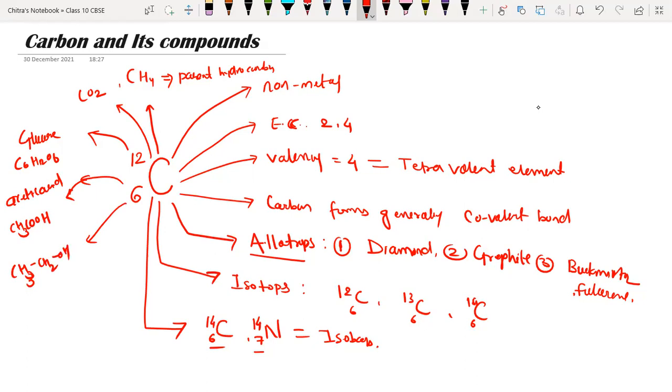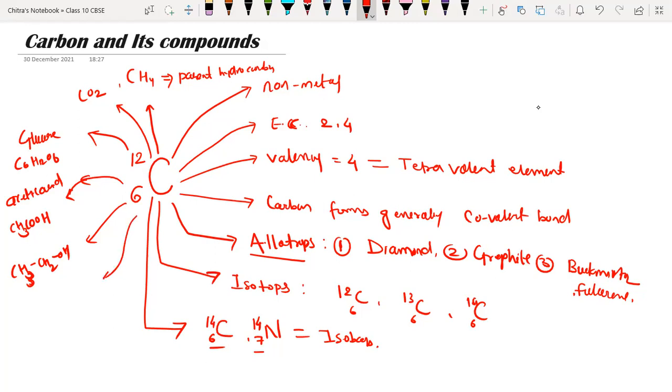When methanol is added to ethanol, it is denatured, and that solution is called spirit, which is used for the preparation of sanitizing agents like sanitizer. It is also used for dry cleaning purposes.